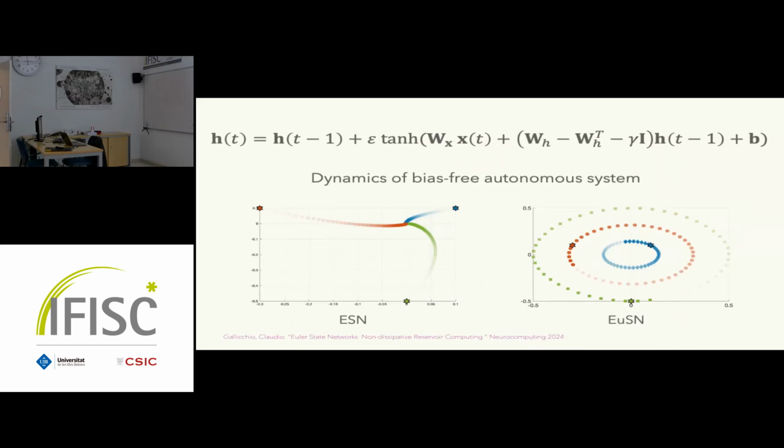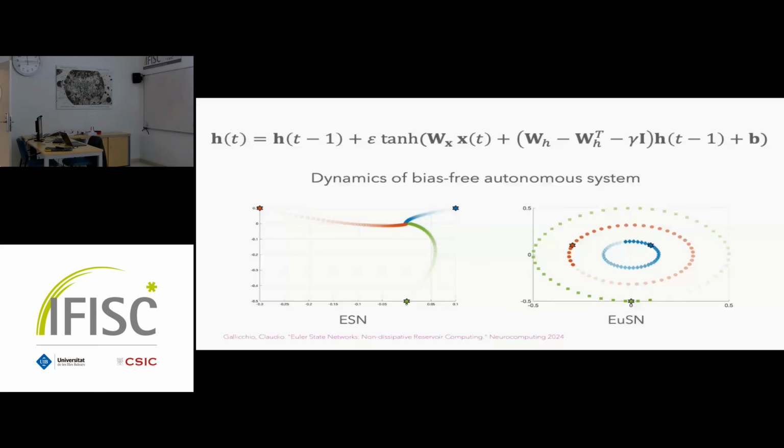Okay, and this again can be visualized in the reservoir state space. And in this plot, I just want to show you the echo state network with the echo state property, same situations as before. And this happens when we apply the same operation to an Euler state network. So instead of converging to the same solution, so forgetting the initial conditions, I will preserve the knowledge of my initial condition in the state.